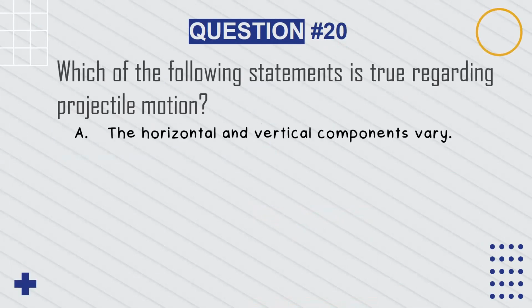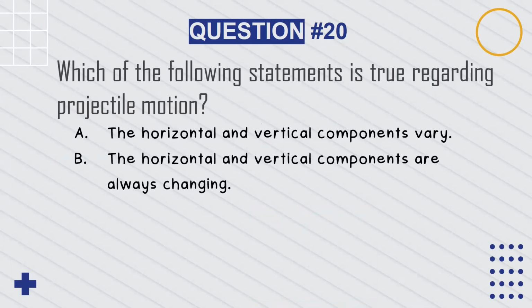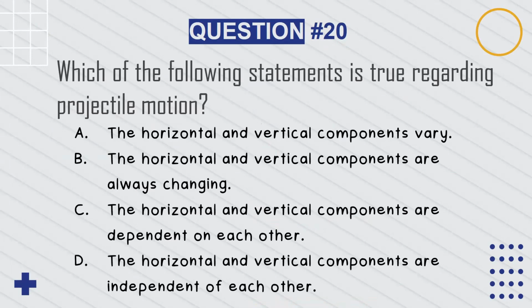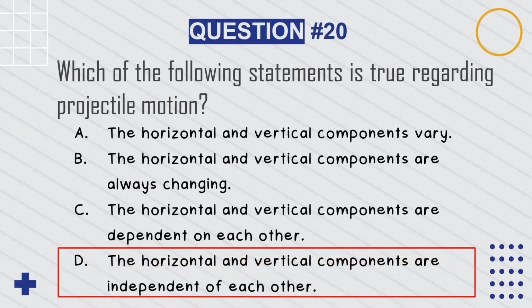A. The horizontal and vertical components vary. B. The horizontal and vertical components are always changing. C. The horizontal and vertical components are dependent on each other. Or D. The horizontal and vertical components are independent of each other. The correct answer is letter D. The horizontal and vertical components are independent of each other.